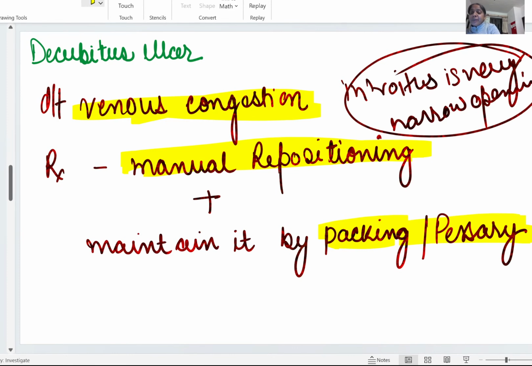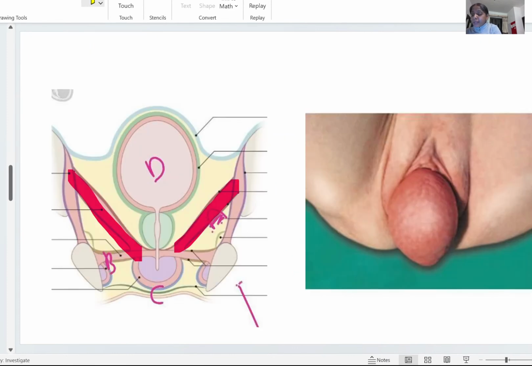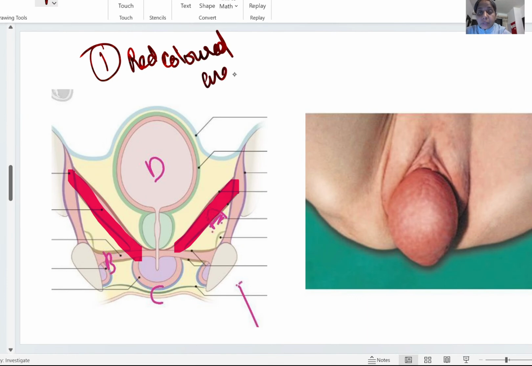Let us see the images concerned with this topic. Okay. Now write down in the chat box, what does this first image tell? What is this red colored area?